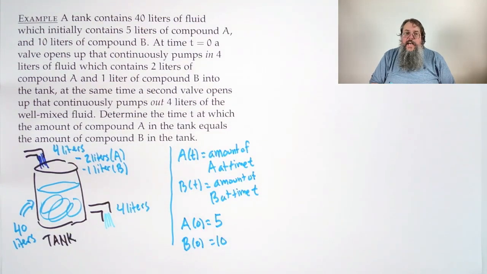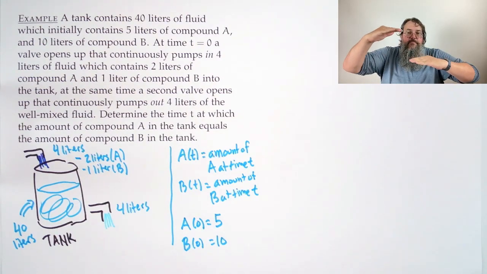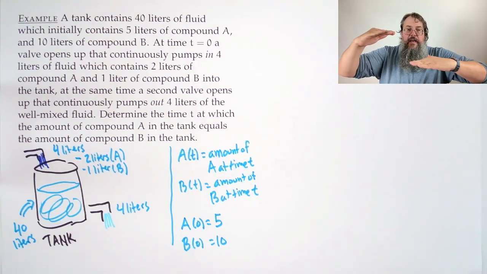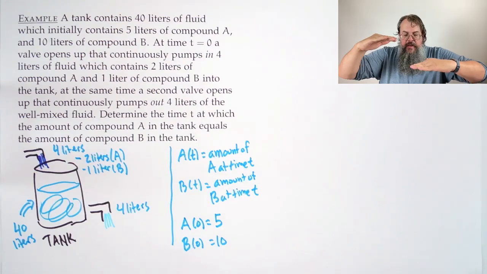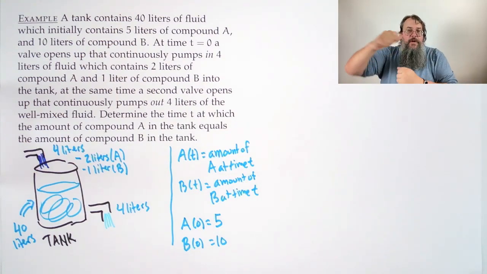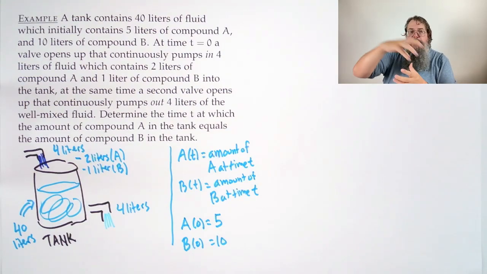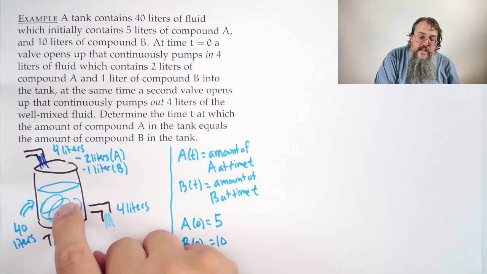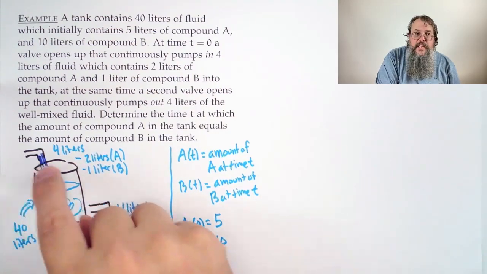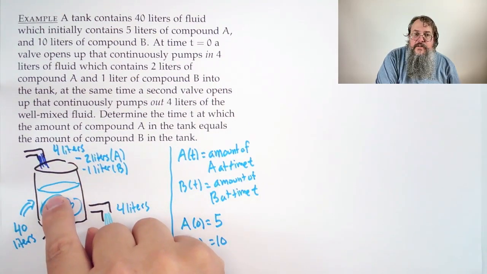So notice what's happening here. Initially, there's more of B than there is of A. But when you look at what's being pumped in, there's more of A than there is of B. And whenever you continuously pump in fluid, in the long run, this tank will look like what you pumped in. It's going to match your inflow.